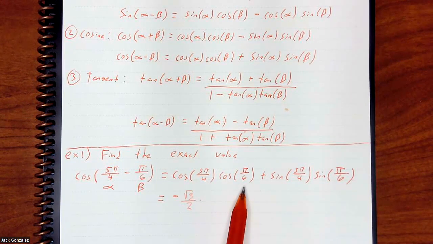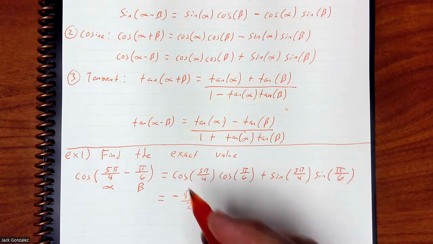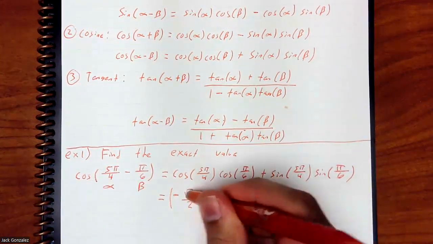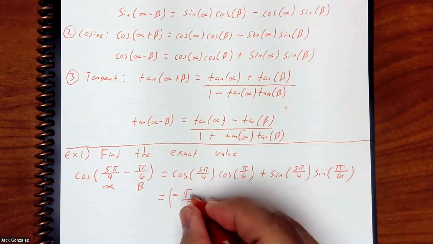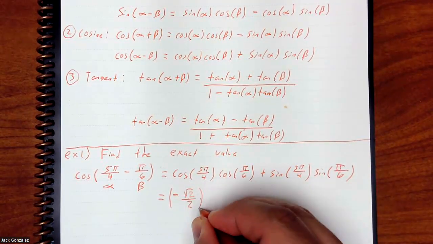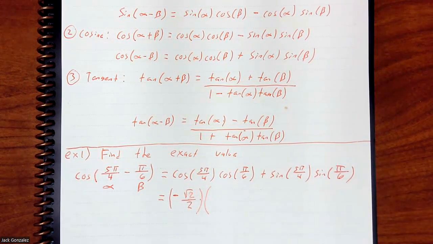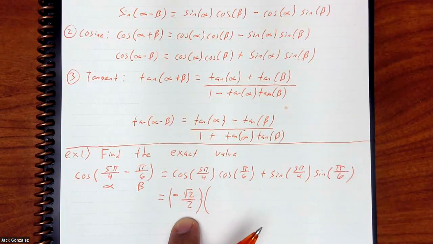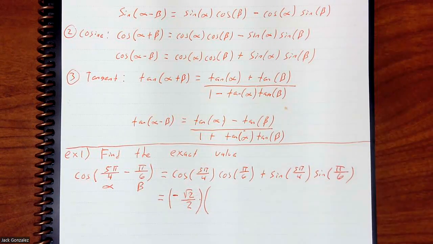Cosine of pi over 6, that's the first quadrant, right? Cosine is square root 3 over 2. Let me double check. Okay, we're good.